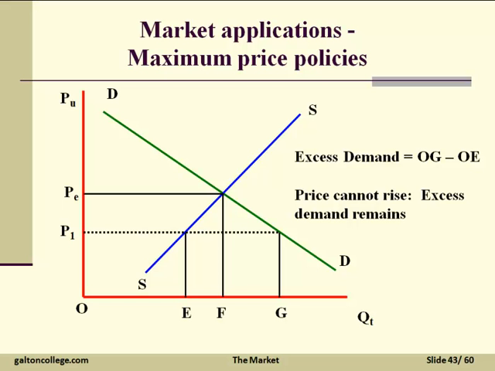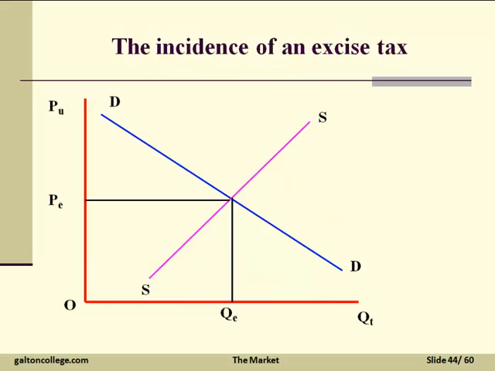And also you might have producers stepping up production to try and meet the demand as well. So even though the official price is fixed at P1, there might be a non-official price, a market price, not condoned by the government perhaps, but one emerging nonetheless, of PE. So the government policy there may not have been effective.